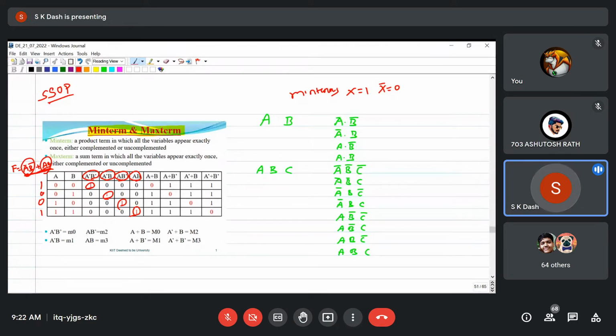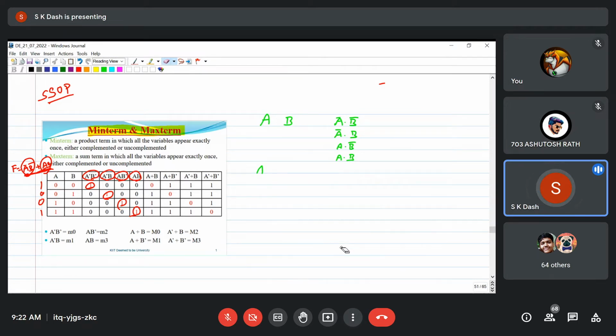So without knowing anything else, if I can represent a function in standard form, then I can directly write that function. Okay. So now, suppose I tell you this. One second, let me write. Maybe with 2 variables you will not be able to see its importance. But suppose we go to 3 inputs.